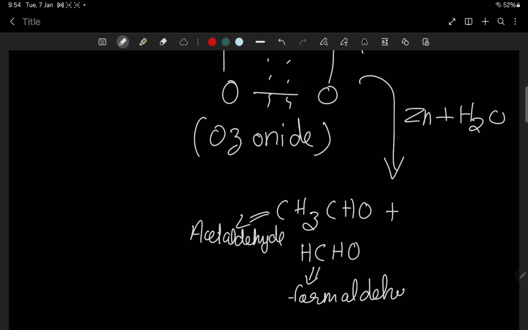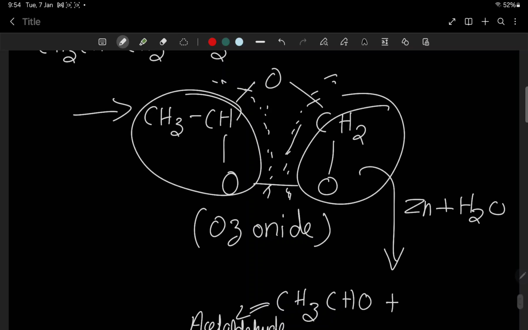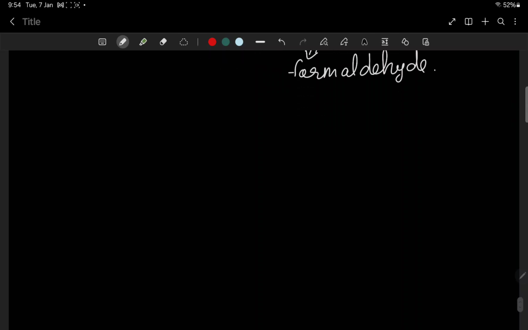So accordingly, if you do the ozonolysis reaction for any other double bond compound, you will get the same. Use this method: draw this and cleave it like this. This part is one compound, this part another compound. So this is ozonolysis.